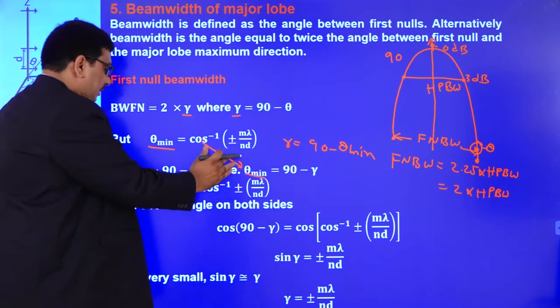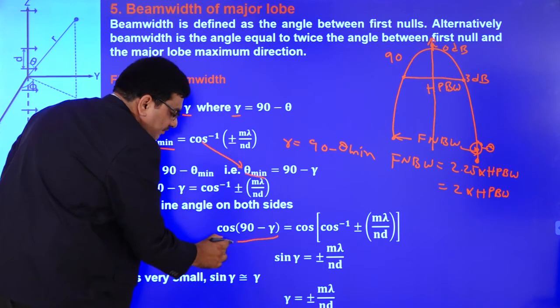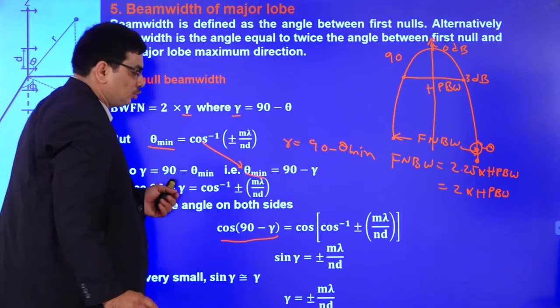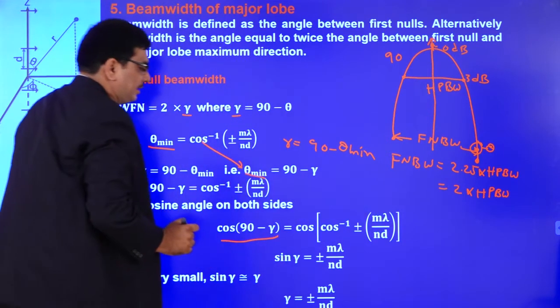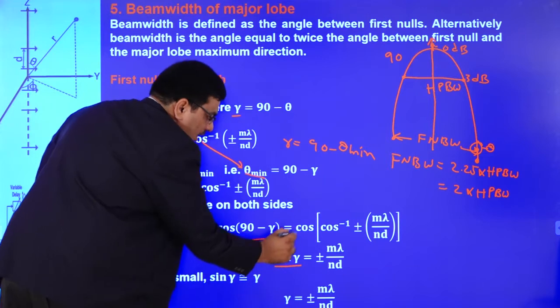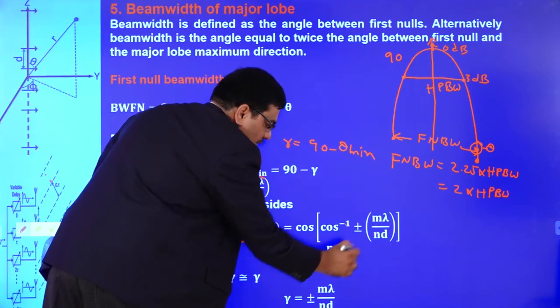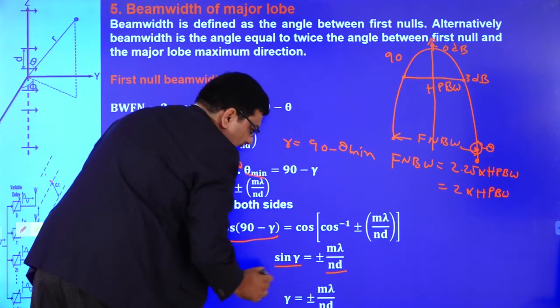Take the cosine term on both sides, then what will happen? Cos of (90 minus theta), that is zeta, is equal to cos of cos inverse of plus or minus m lambda by nd. So cos of (90 minus zeta) is sin zeta, and cos of cos inverse cancel, giving plus or minus m lambda by nd.